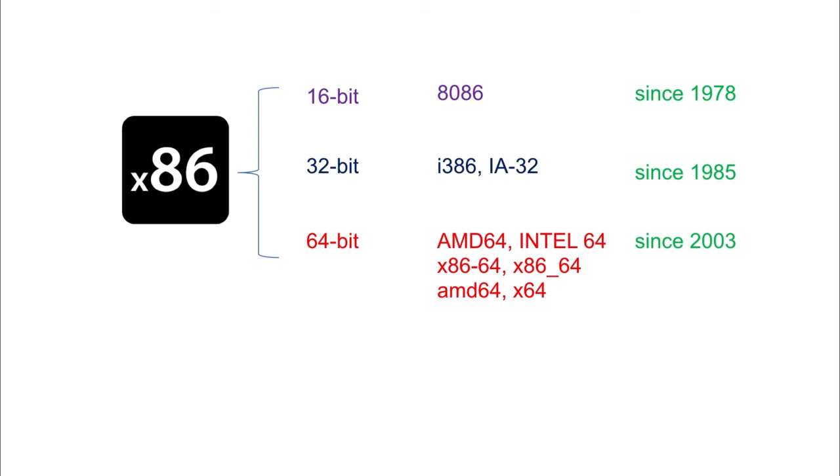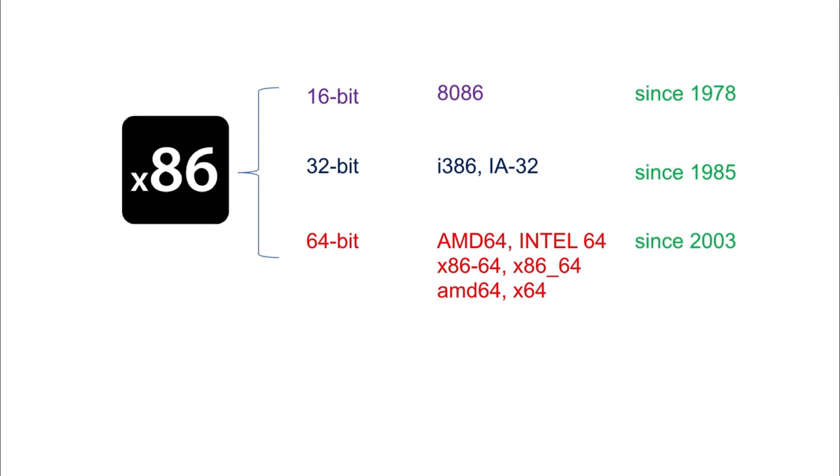The most recent 64-bit version can be called either AMD64, Intel 64, x86-64, x86_64, lowercase amd64, or x64. All of these, that's the same thing. When we say i386 or IA-32, that's exactly the same thing, the 32-bit version of x86.